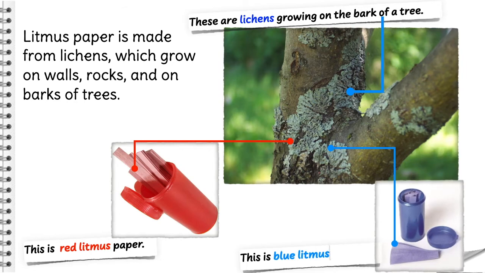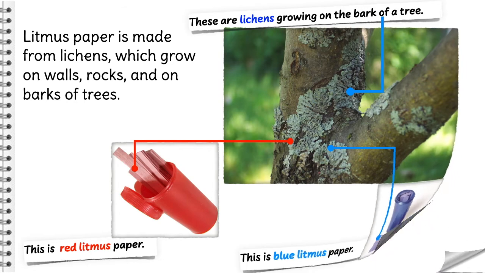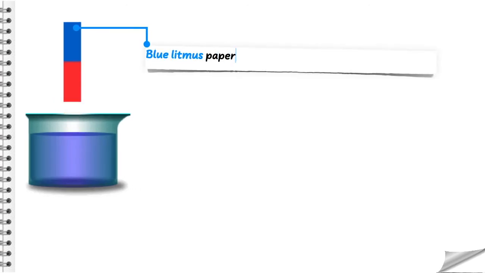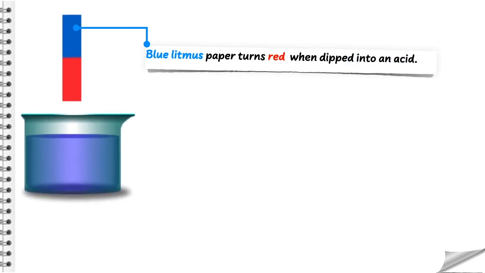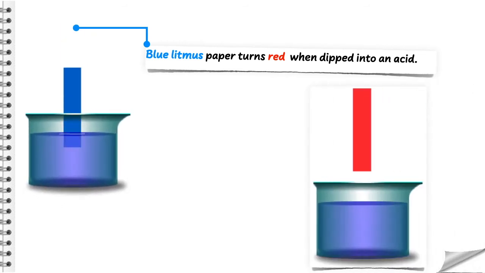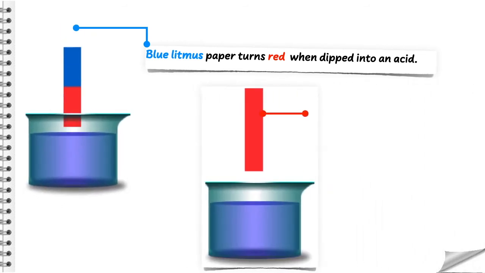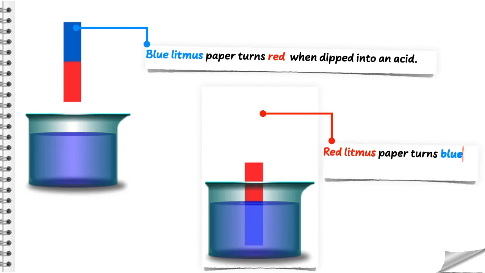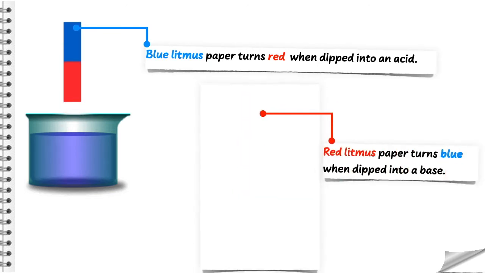This is blue litmus paper. Blue litmus paper turns red when dipped into an acid. Red litmus paper turns blue when dipped into a base.